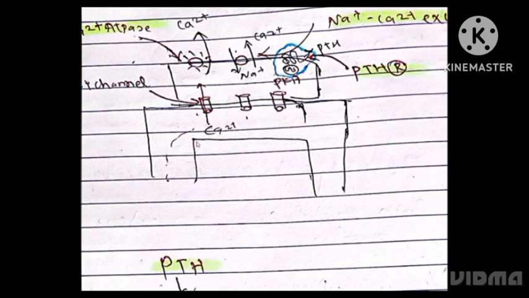Okay, in the DCT, when calcium is absorbed here, this calcium enters the cells of the DCT. Now this calcium from the cells of the DCT is moved into the blood, into the serum, by calcium ATPase here, and also by the sodium calcium exchanger. Calcium enters the blood and sodium enters the cells of the DCT.